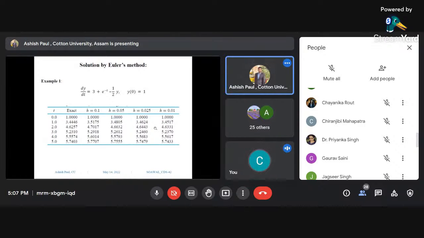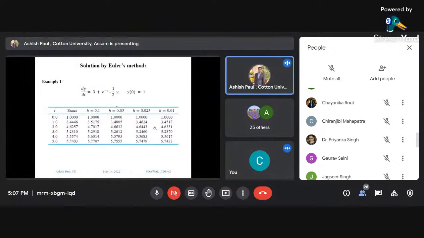Yes. Yes. Is it diverging or is it converging?